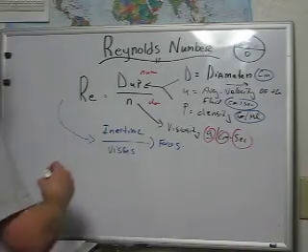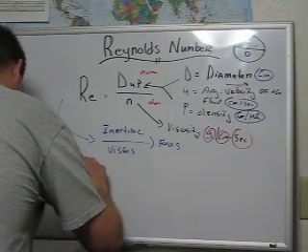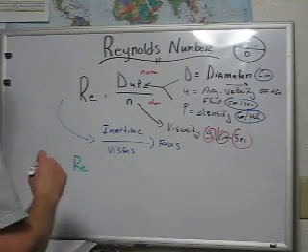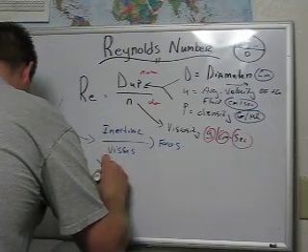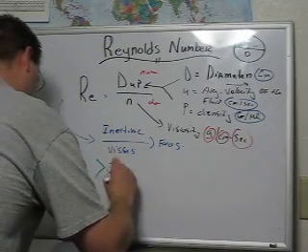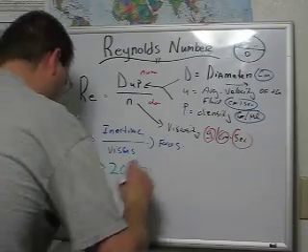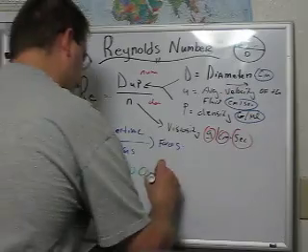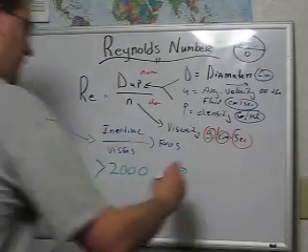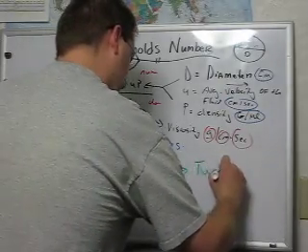And the generalization is, if my Reynolds number is greater than 2,000, that indicates that I have turbulent flow.